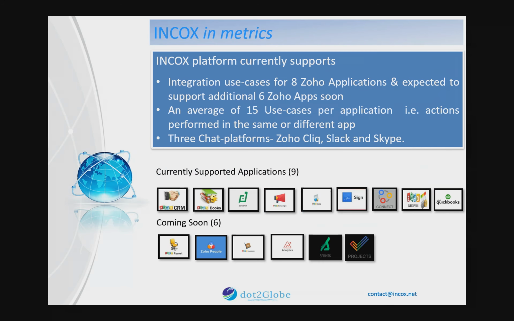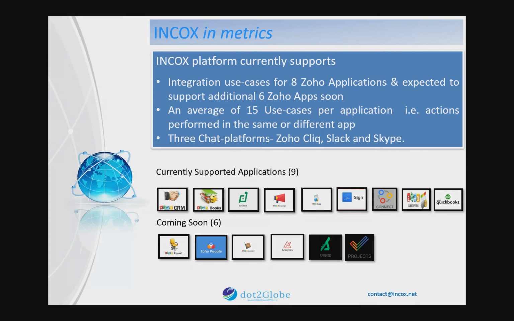Let's see some numbers about the platform. Currently, the platform supports 8 Zoho applications. An additional 6 applications are being added to the platform. Each application supports approximately 15 use cases, meaning 15 actions, single step or multi-step, and some applications like Zoho CRM could have more.